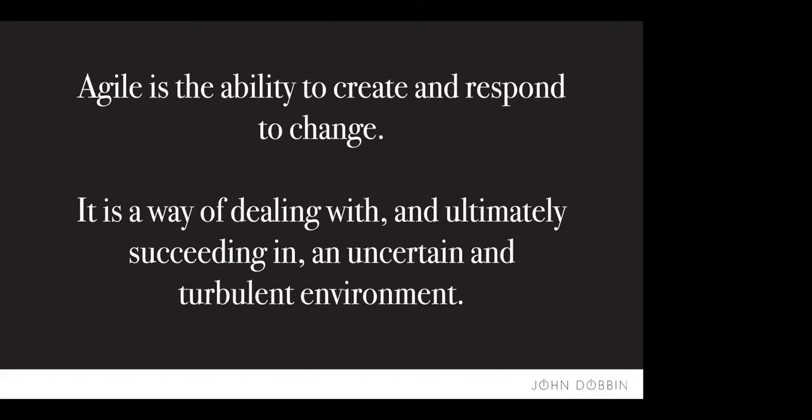And really, this is the most important part about Agile. If the environment is stable and if our projects have got certainty, Agile is not necessarily the most suitable method to use. So we use Agile when there's high levels of uncertainty and turbulence in the environment. So let's have a look at what that really means.